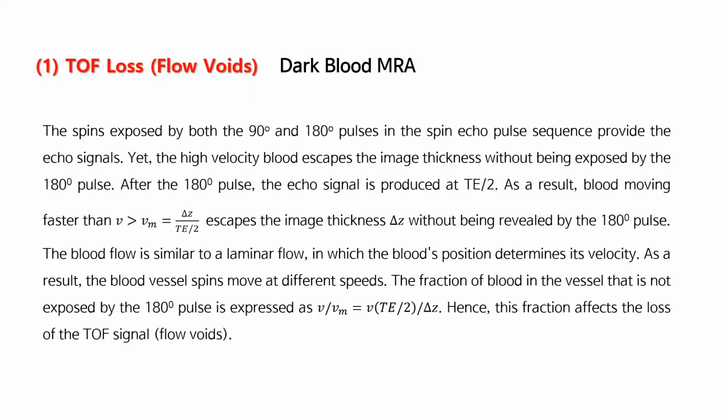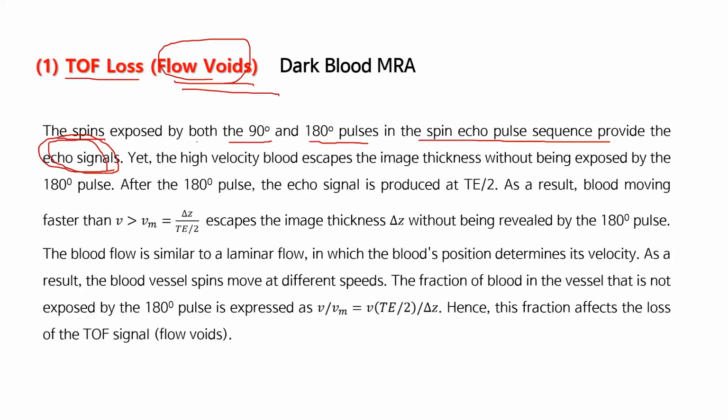First, let's see the TOF loss, flow void, in detail. The spins exposed by both 90-degree and 180-degree pulses in the spin echo pulse sequence provide the echo signals.